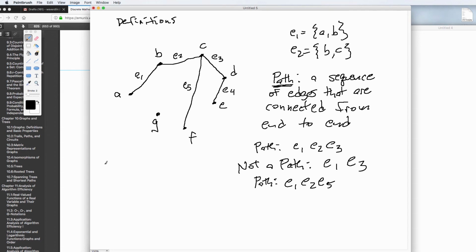The next thing that we can talk about is what is called a connected graph. And yes, this is a definition.